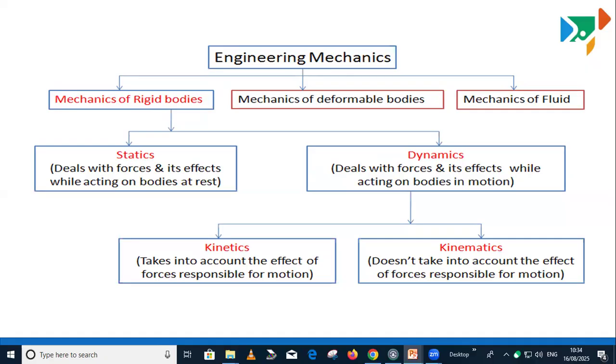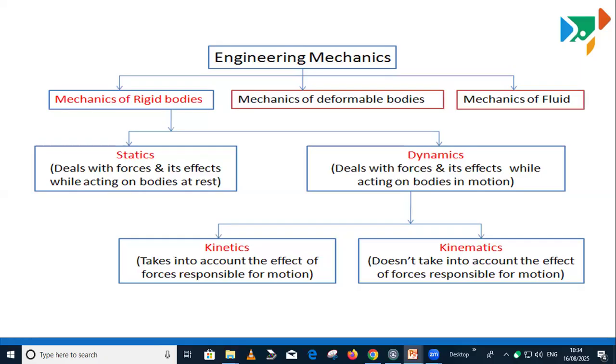First, we have mechanics involving rigid bodies for the motion transmission. Second, we have deformable bodies, and third, we can transfer the motion with the help of fluids. So these are the basic classification of engineering mechanics: mechanics of rigid body, mechanics of deformable body, and mechanics of fluid. Now again, mechanics of rigid bodies is classified into two types, statics and dynamics.